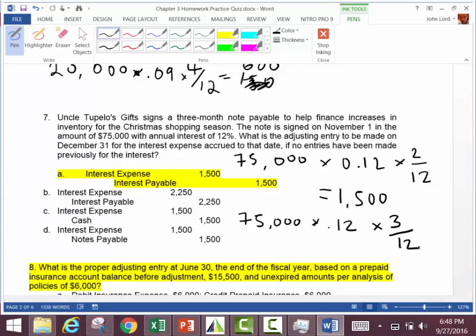Just January. Because we already accrued it at the end of December, didn't we? So now we're just doing the January 31st entry, right? Okay, so what's that? 750. Okay, so that equals 750. Okay, good. Now go ahead and give me the journal entry now to pay that thing off, and we'll pay it on January 31st, I guess. You can write it up somewhere where you got some white space up there.